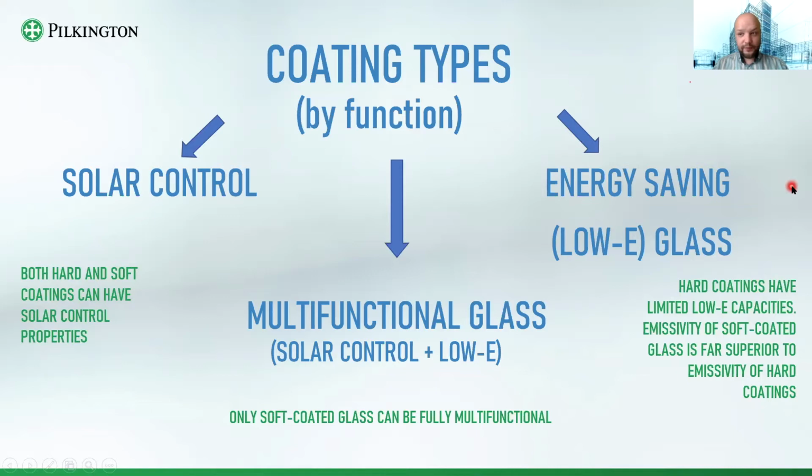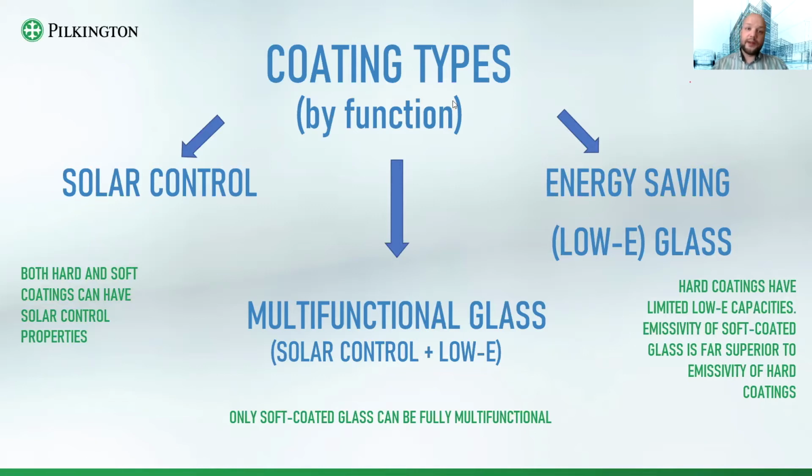Here we can also have both hard and soft coatings, but in this field, soft coatings are way better. That is because in terms of energy performance, the emissivity determines the U value. And the emissivity of soft coated glass is way lower than the hard coated counterparts.